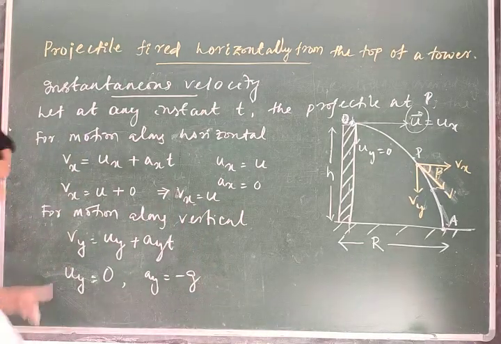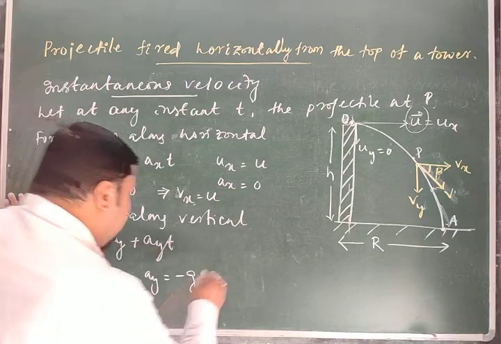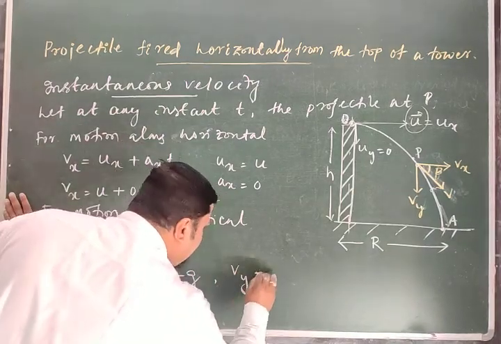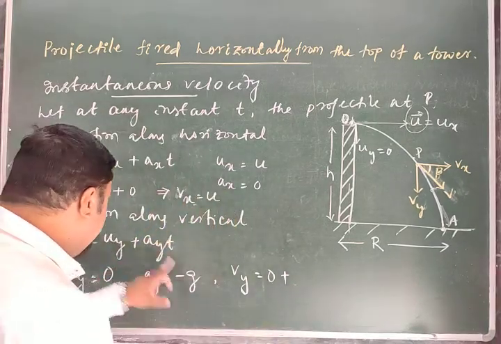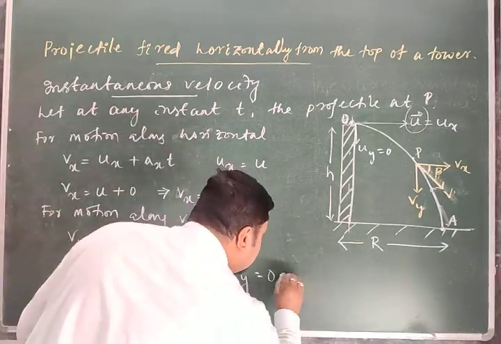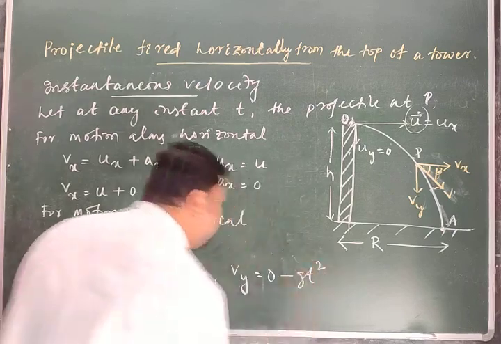So if you put all these things, what will I get here? vy is equal to 0 plus minus g t.